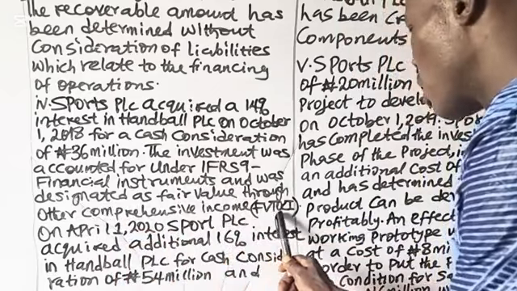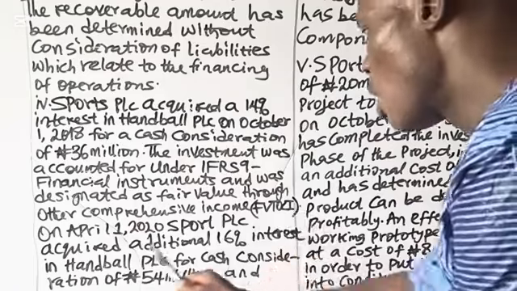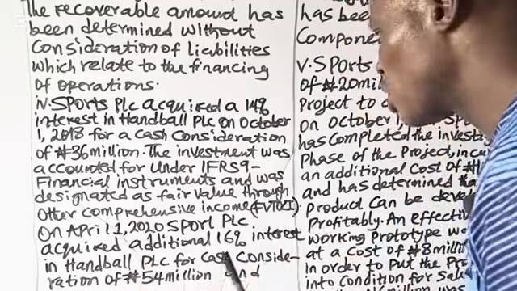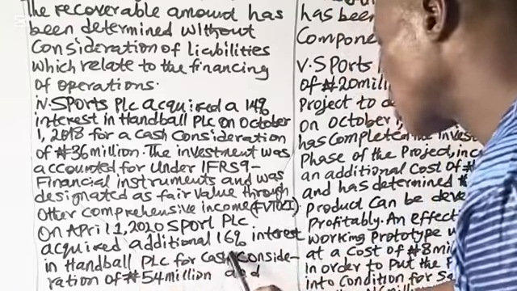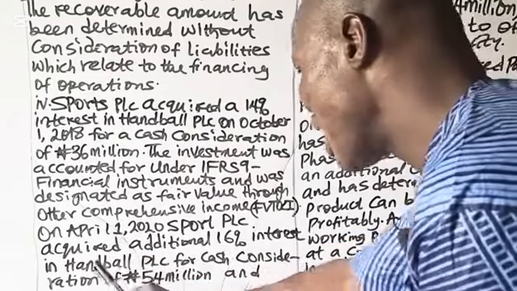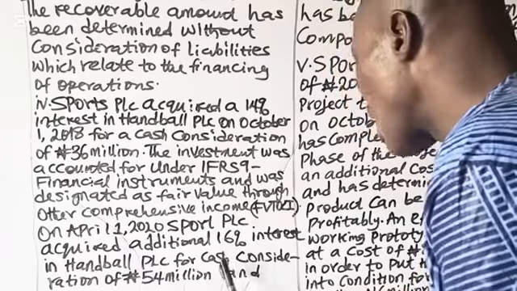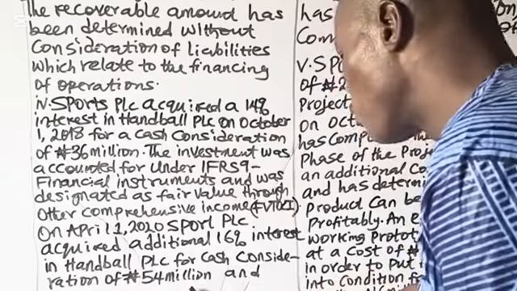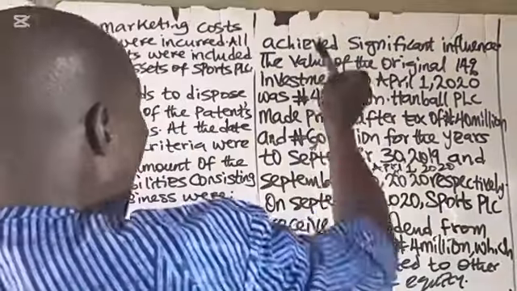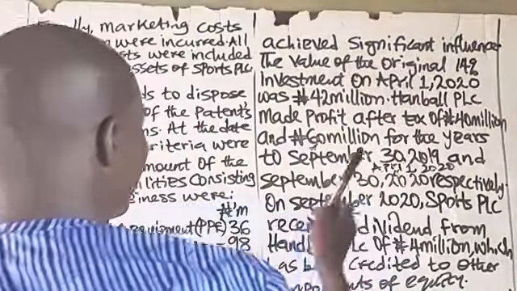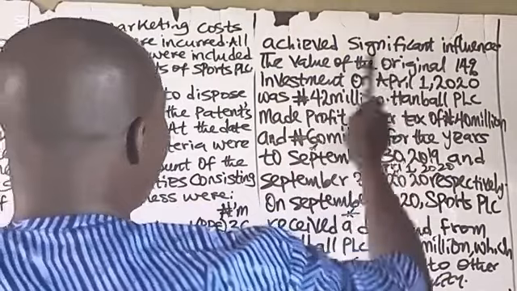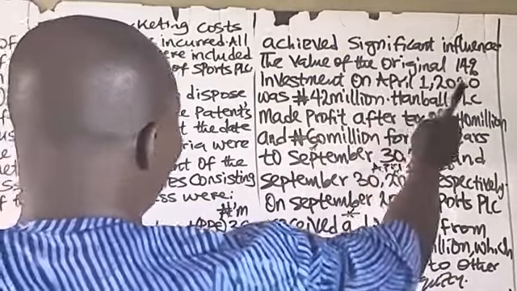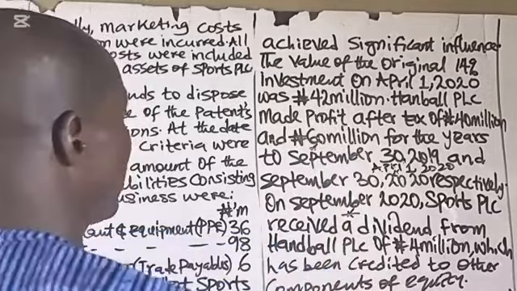On April 1st, 2020, Sport PLC acquired an additional 16% interest in Handball PLC for cash consideration of 54 million naira and achieved significant influence. The value of the original 14% investment on April 1st, 2020 was 42 million naira.